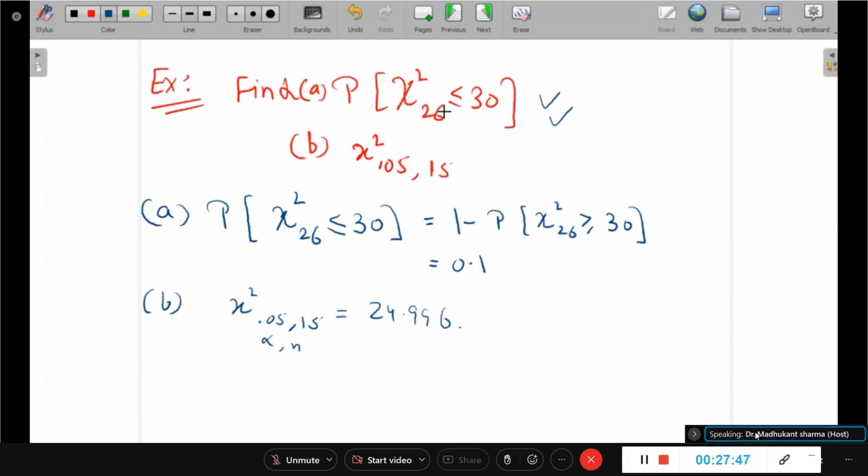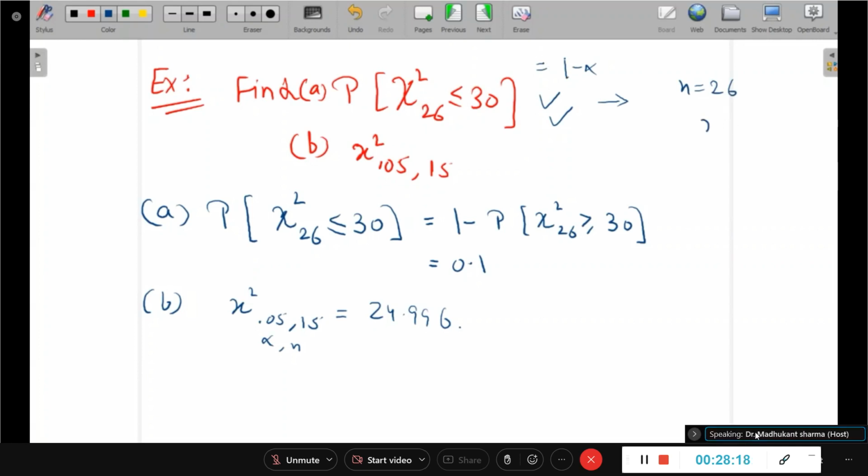Probability equals some alpha, or this is less than or equal to 1 minus alpha. So alpha needs to be determined. n is very clear, n equals 26.